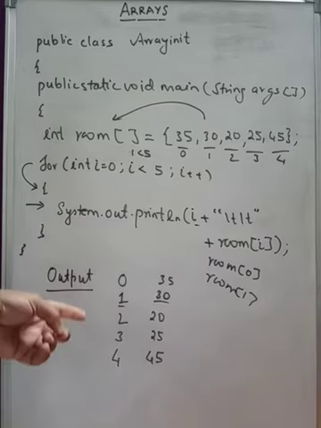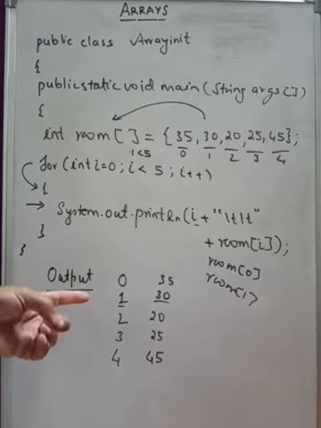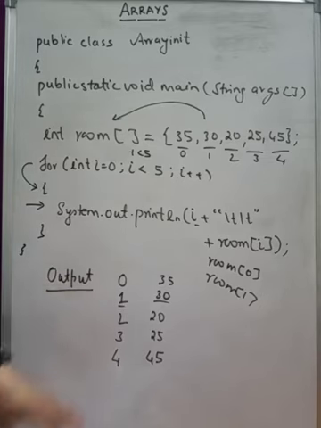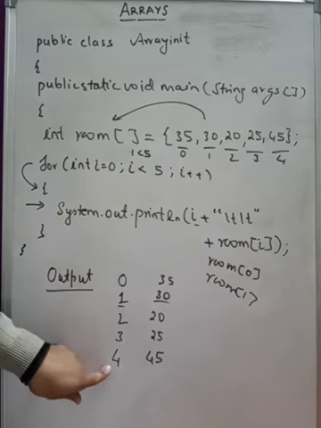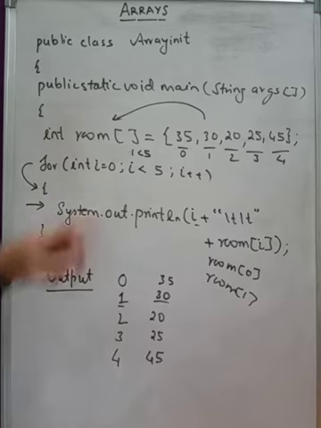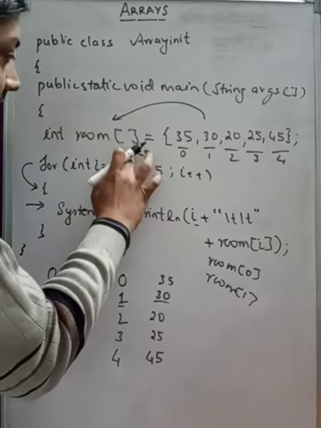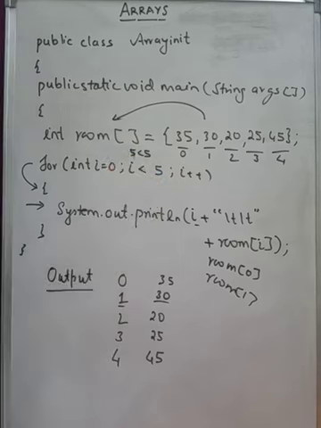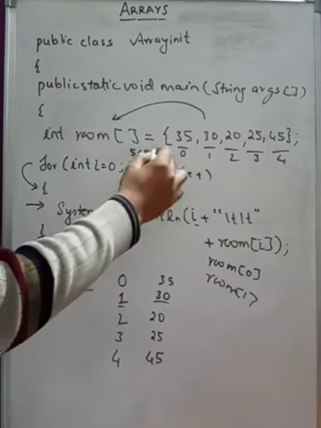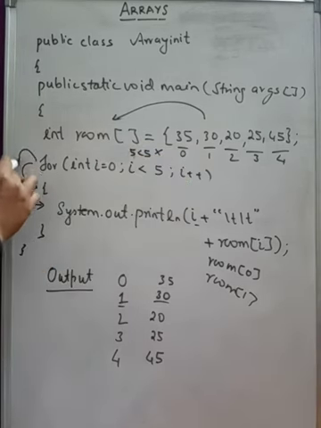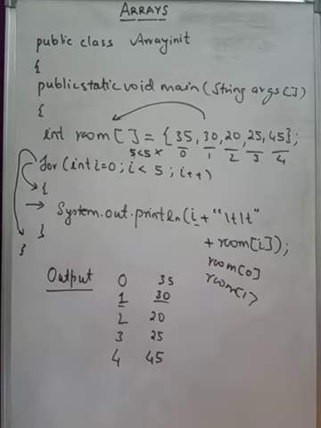In a similar way, you will go through the whole process up to the fourth index. Now when you come to the fifth index and check the condition, 5 less than 5, that condition will be false. So you exit the loop, and there is no other statement after this loop, so nothing will happen next.